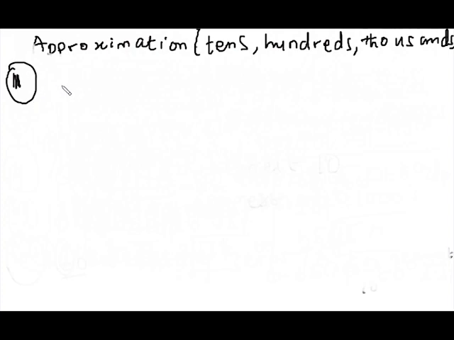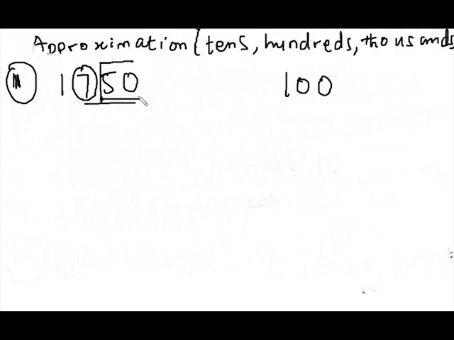So for hundreds, it is still the same logic. So we have 1750. For hundreds, remember 100 is three numbers, right? So we are looking at the first three numbers from the right. The first number from the left is the one we are looking at the most, and then the number before that is what we are going to round and add up to this number.